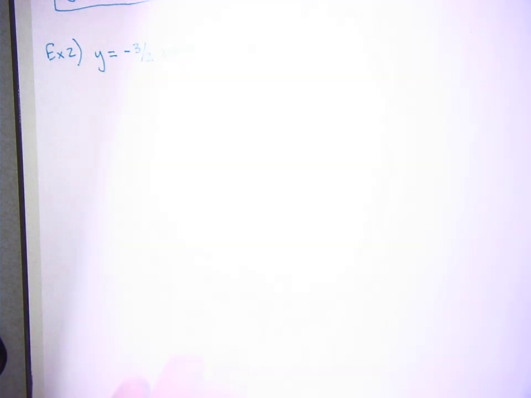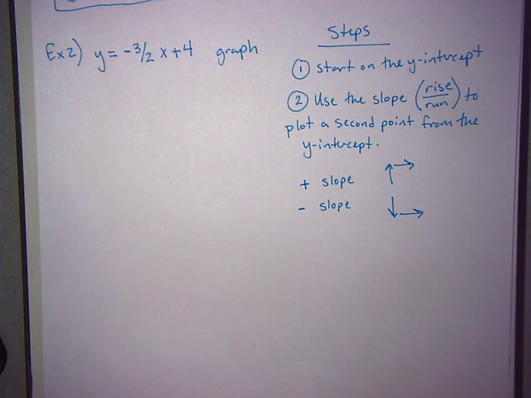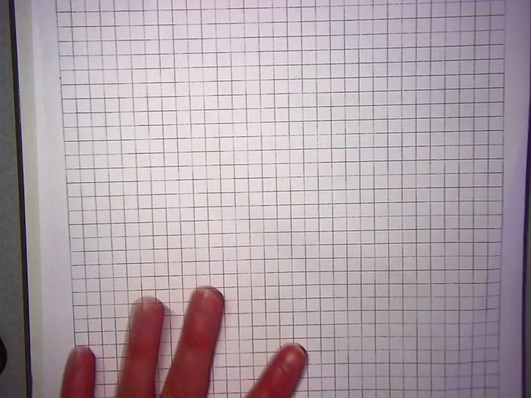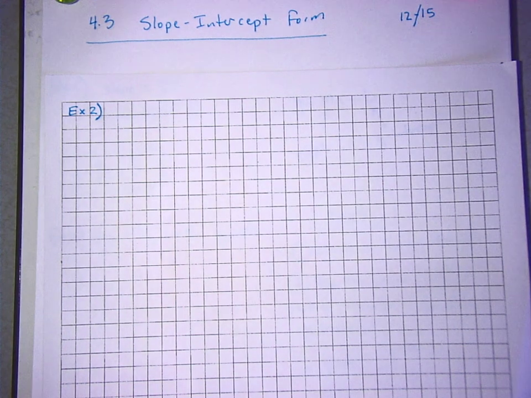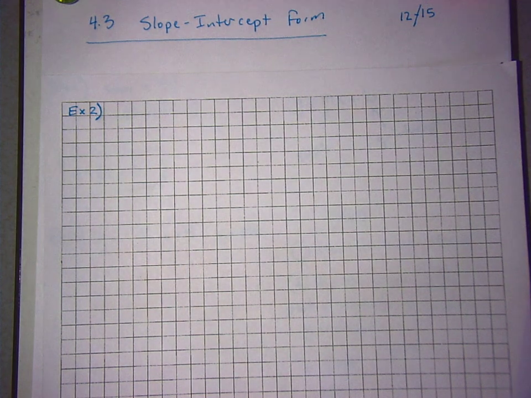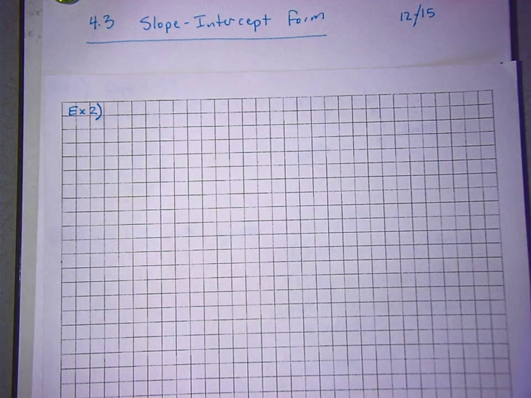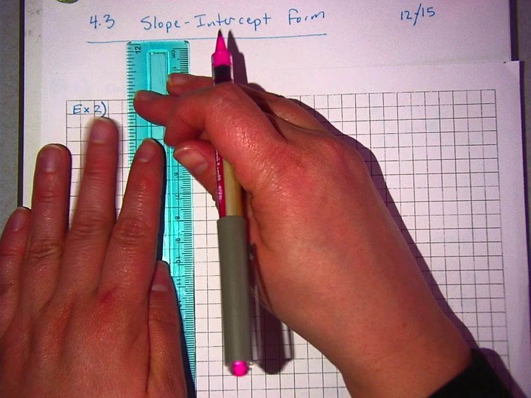Let's flip to the other side. We're going to write example 2 on the other side, because that's what this goes with. If you want to, you can grab a ruler if you want these to be straight. If you don't care, then it doesn't have to be. Personally, I like things to be straight. Okay, or at least graphs.